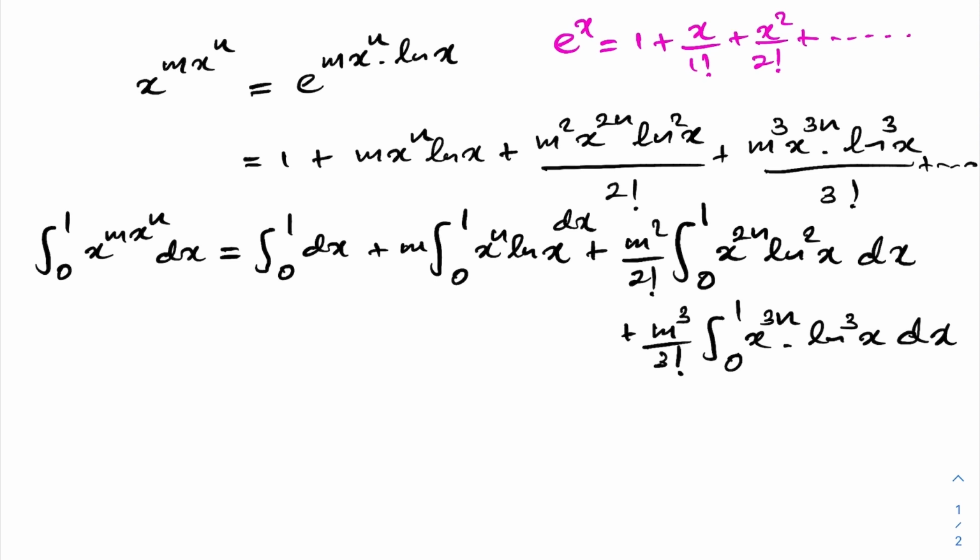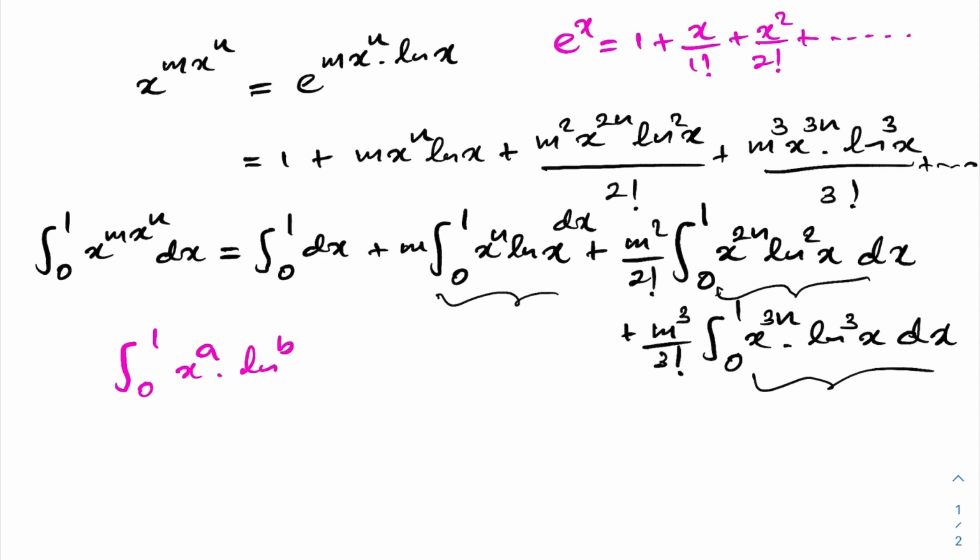Now if you look carefully, these are the same type of integrals, so we can generalize them as the integral from 0 to 1 of x to the a times natural log raised to the b of x dx. Let's try to solve this integral.